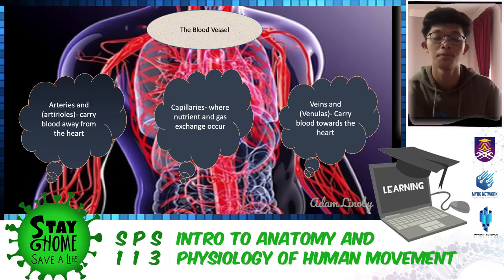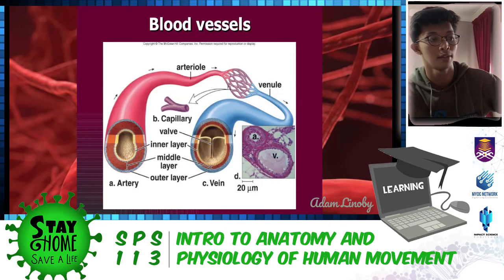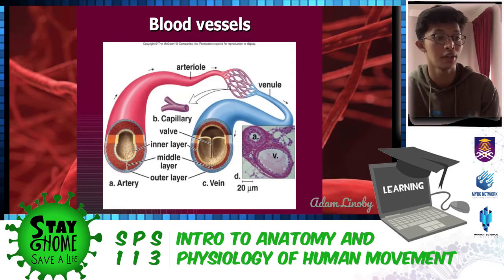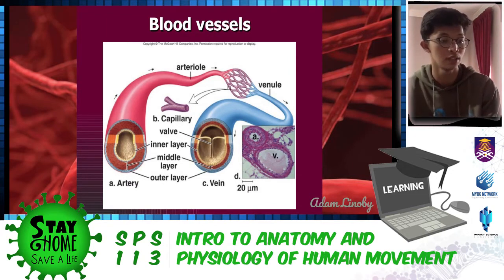Okay, we move to the next slide. So here we can see the diagram of blood vessel, the structure of blood vessel. So we do have a capillary valve, inner layer, middle layer, outer layer.